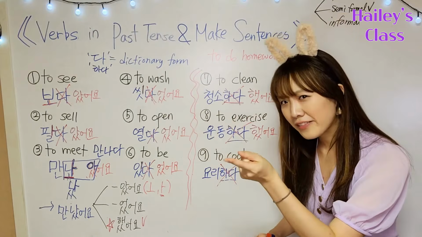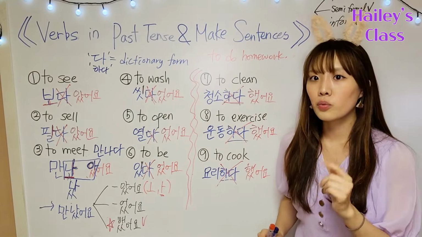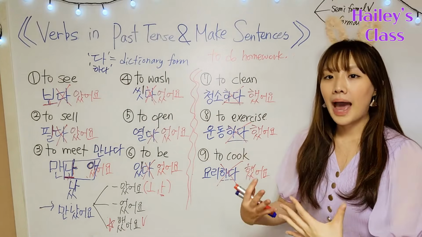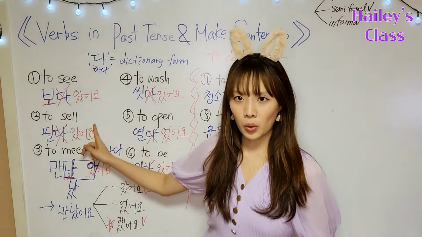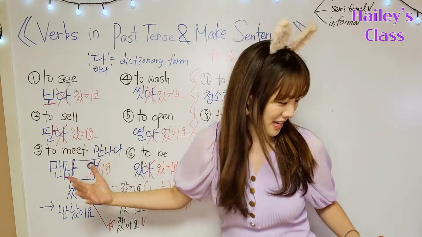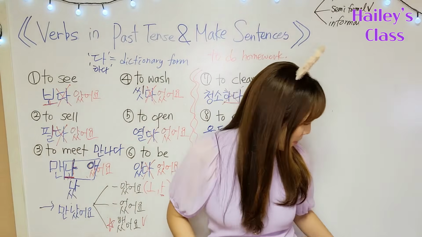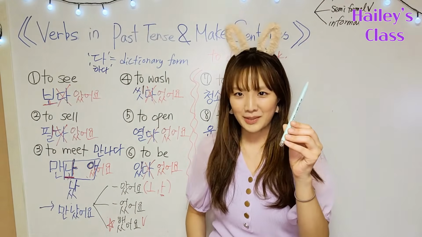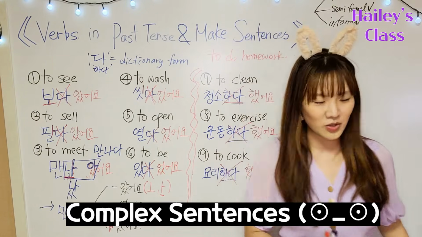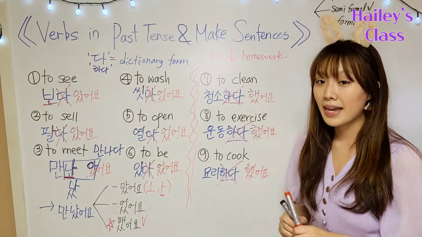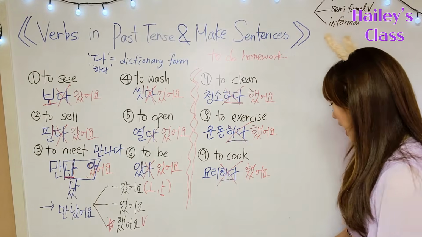But later we're going to make I cooked a meal. I sold, what can I sell? I sold a pen. We're going to make complex sentences, okay? But first, we're going to make very short sentences.